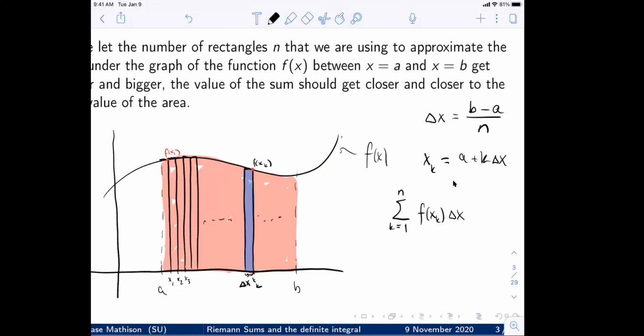So this is the approximate area under the curve for any fixed n. That's a lightning fast recap of what we did last week.